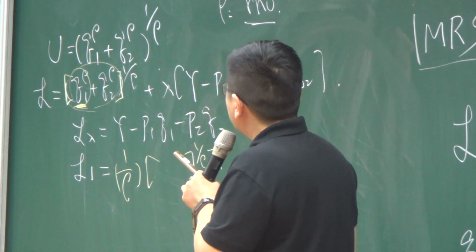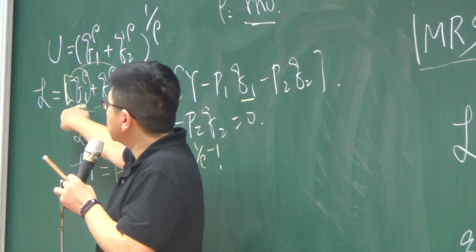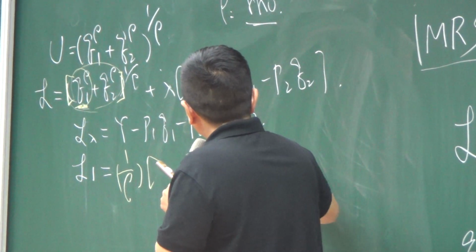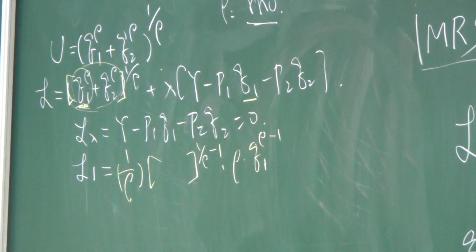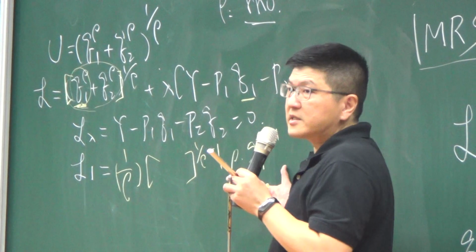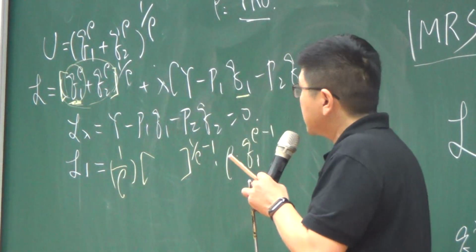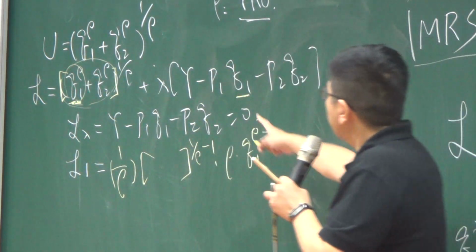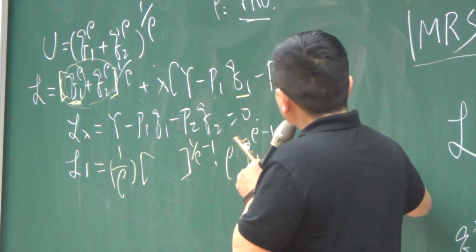And multiplied by, now we are dealing with this term, so it's rho Q1 to the rho minus 1. Is that right? So this is the result of differentiating the whole term with respect to Q1. And don't forget this part, minus lambda P1 equals 0.